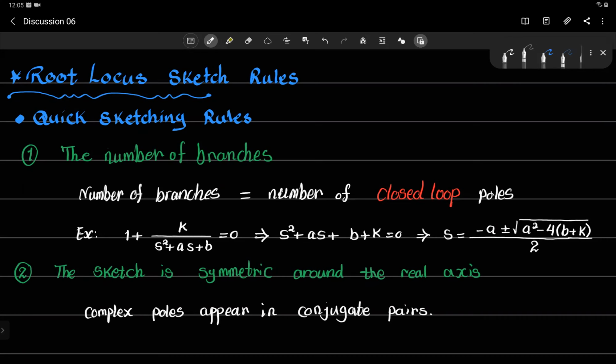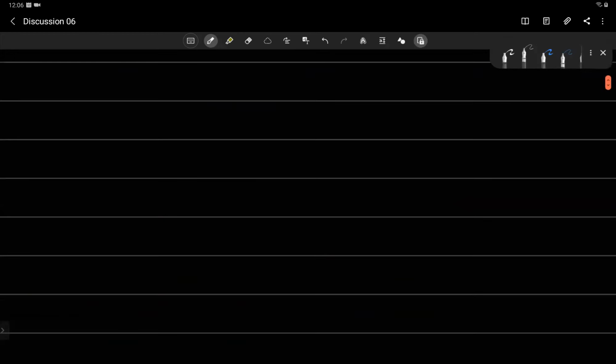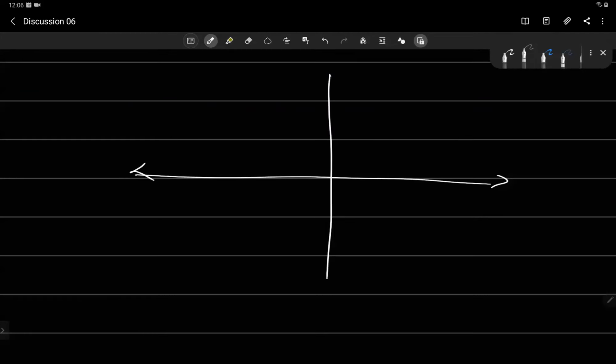So the first rule is that we should have the total number of branches, and by a branch we mean a part of the root locus. For instance, this is an example of a root locus. So this is an open loop pole, and this is another open loop pole.